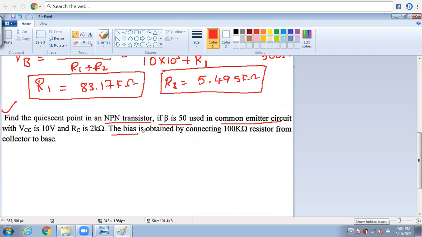The bias is obtained by connecting a 100 kilo ohms resistor from collector to base. So here collector to base means another biasing circuit is used, that is called collector to base biasing. Here I will do it quickly, this is the solution part.